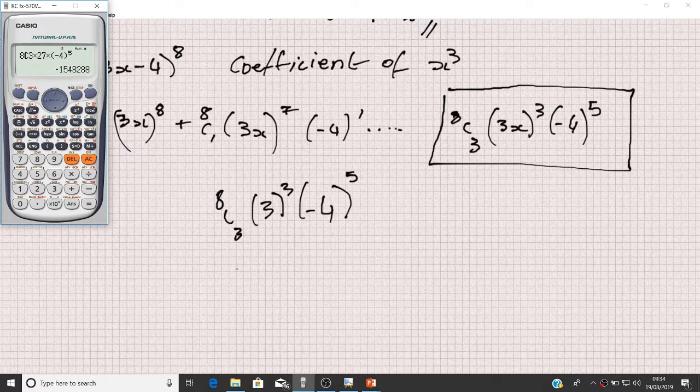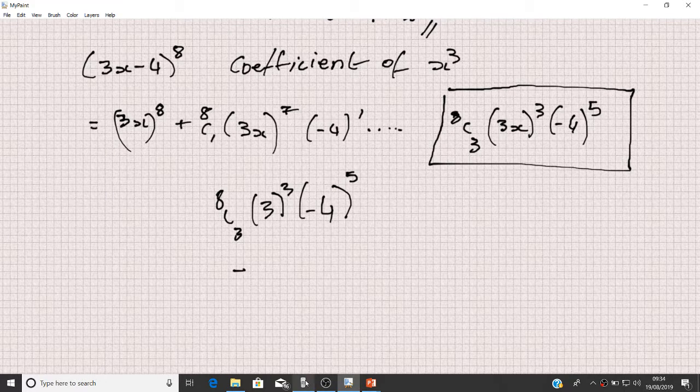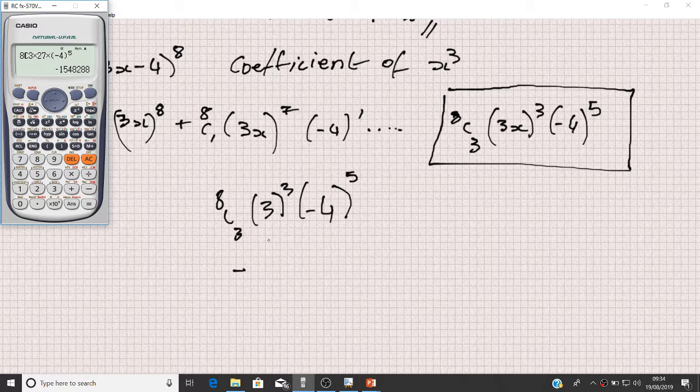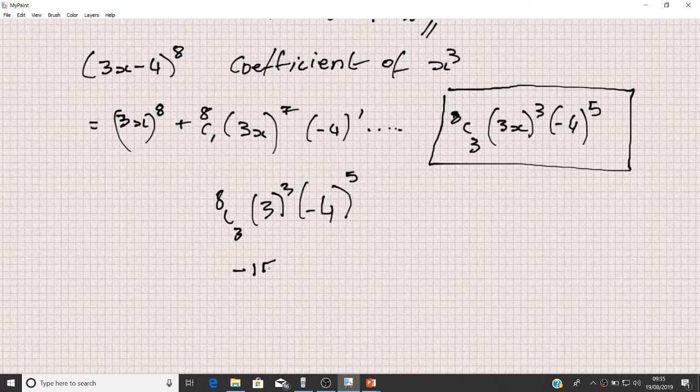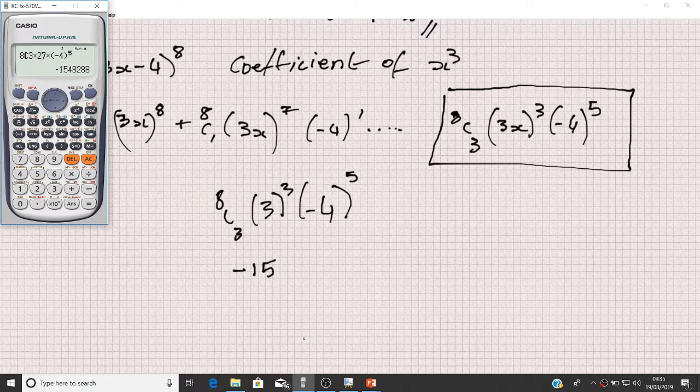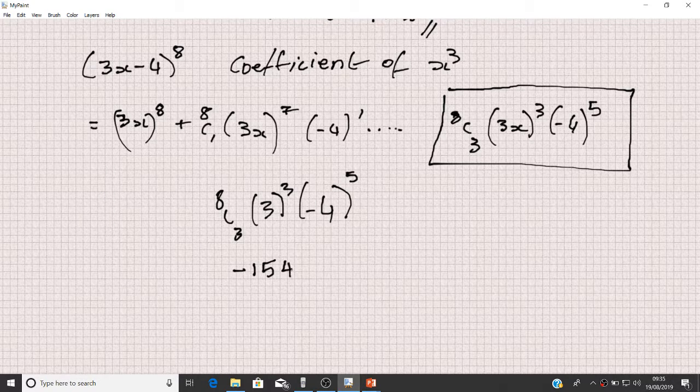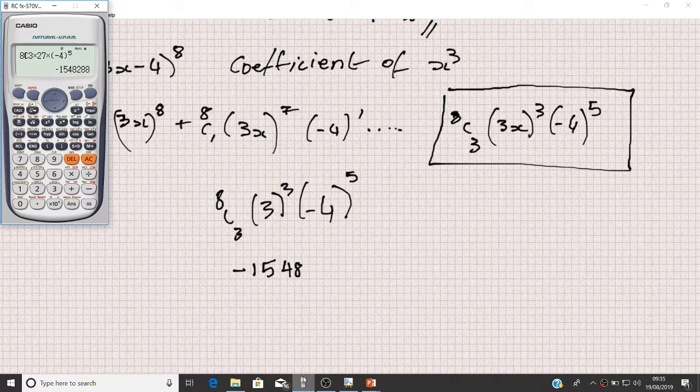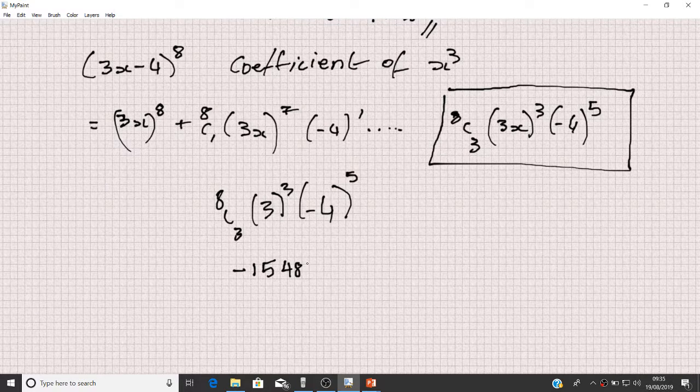So a big number here, so negative 1,548,288. Okay, so that's the coefficient of x cubed.